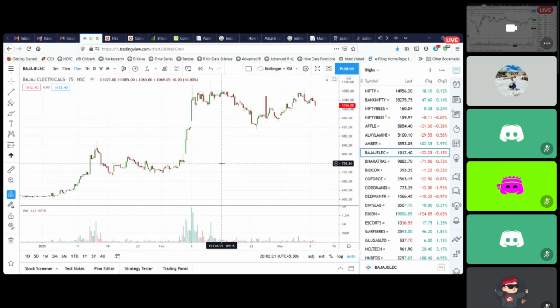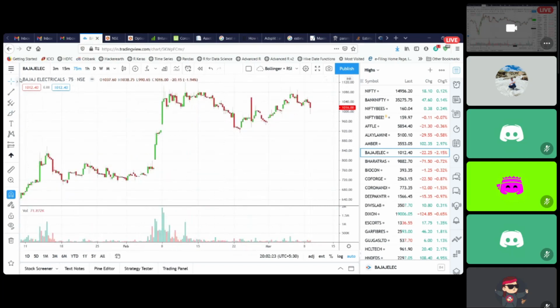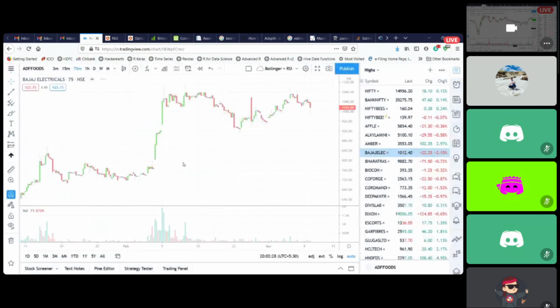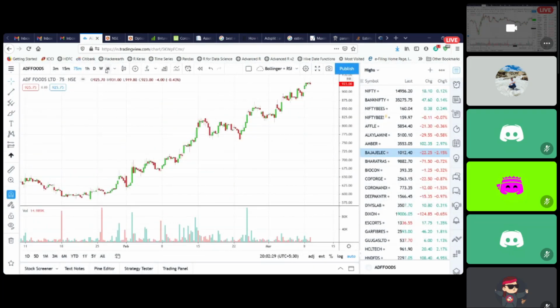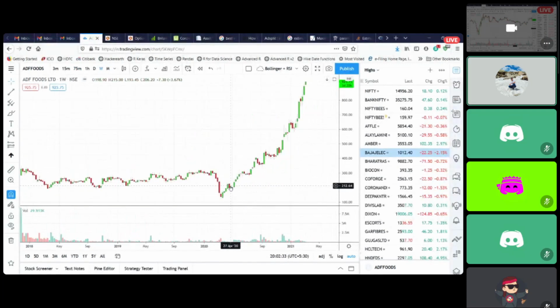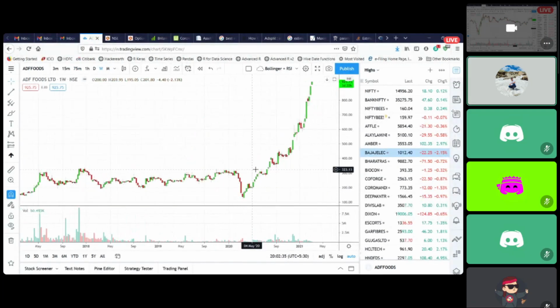Can you check this for one stock, EDF Foods? It's been hitting highs regularly right now. Oh wow. So see, the long-term entry point in EDF was right here at 327. It's already 3 times from here.